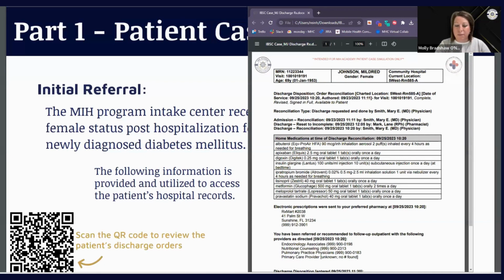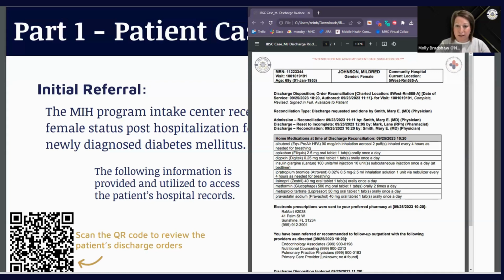What pops out to me automatically is that she's got different types of inhalers and perhaps nebulizer medications, and that she has been started on metformin and on insulin. So there are two different diabetic medications.